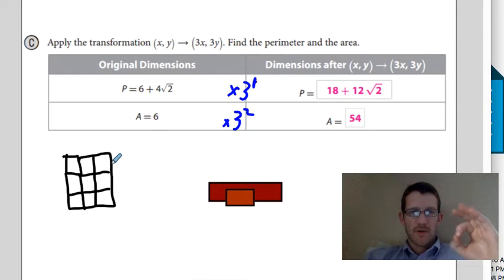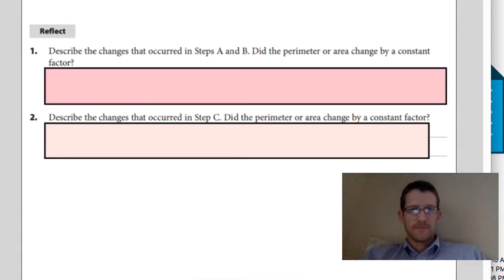Okay? A lot of people are going to think, oh, 3 times wider, 3 times taller, 3 times area. No, that's 3 times the perimeter, but 9 times the area. So whatever the scale factor is, you need to square it when you're talking about the area of a proportional change, where we change the x's and y's the same. Okay.